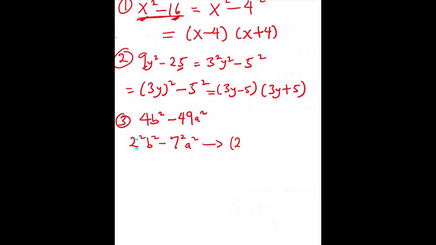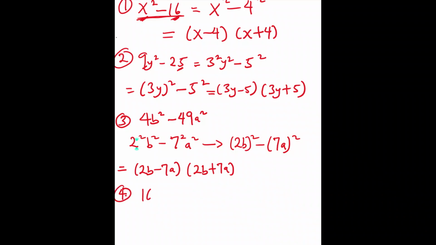It can also be written like this: 2b all squared minus 7a all squared. It makes it less confusing. So then our final answer will be 2b minus 7a into 2b plus 7a. So that's the answer for that.